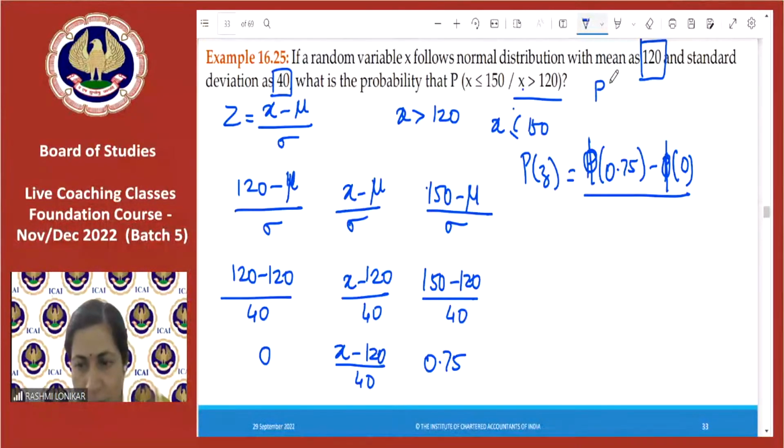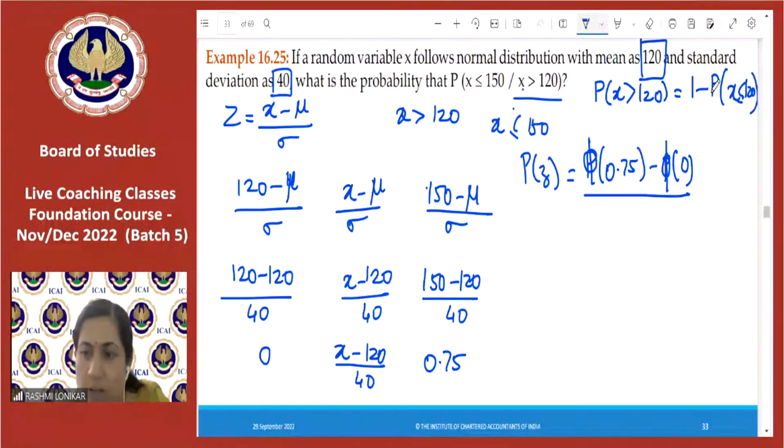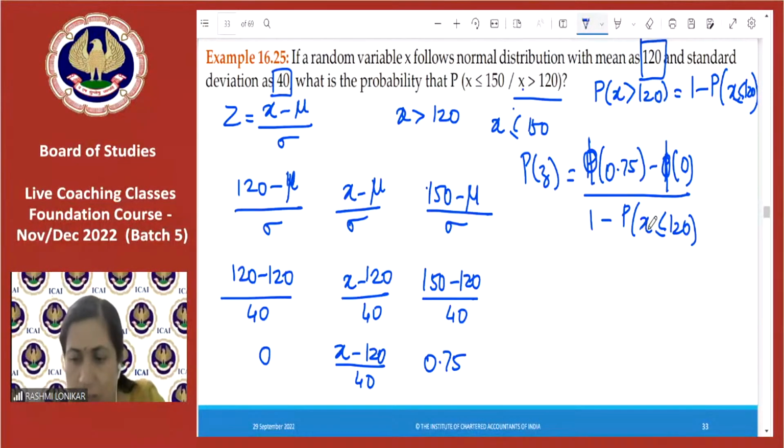Always when we have x greater than 120, we write this as 1 minus P of x less than or equal to 120. So numerator I have solved, denominator I will solve again, and then we will be using the tables.